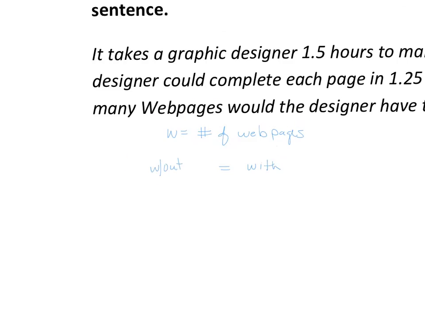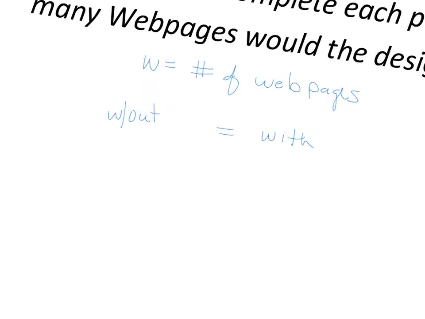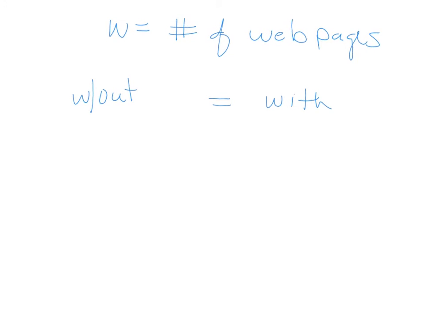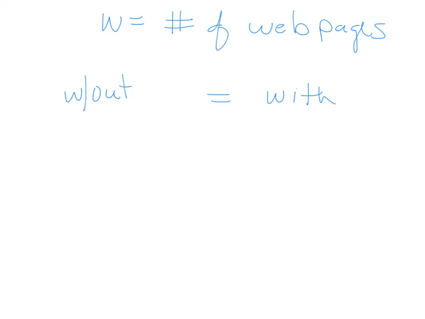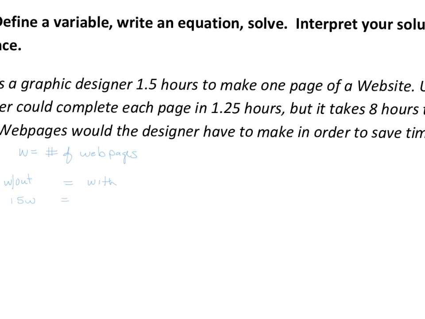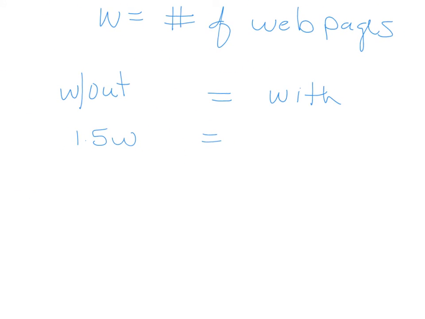Let's go back up and look at without. Without software, it takes an hour and a half to do one page. So I'm going to put 1.5W equals, and let's go up and see what the other takes. The other one takes 1.25, but it also takes an additional 8 hours just to figure out the program.